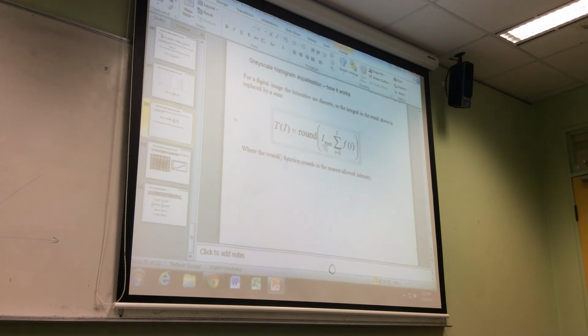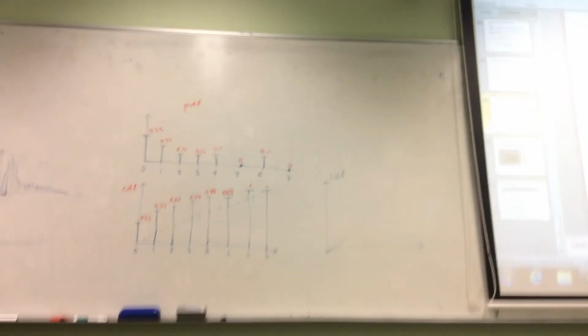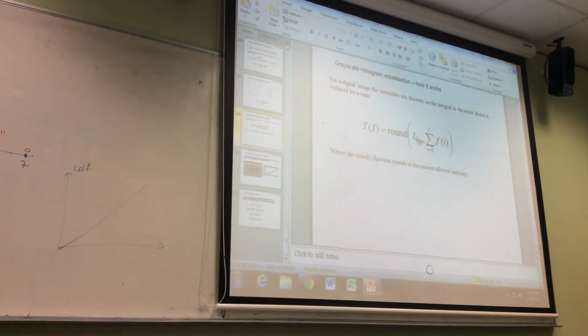So you've got a formula for the equalization here. It will be the maximum intensity multiplied by the CDF. So this one is the CDF, the sum of the PDF, because you just add things together. So it will be equal to the maximum intensity multiplied by the CDF. That's simple.